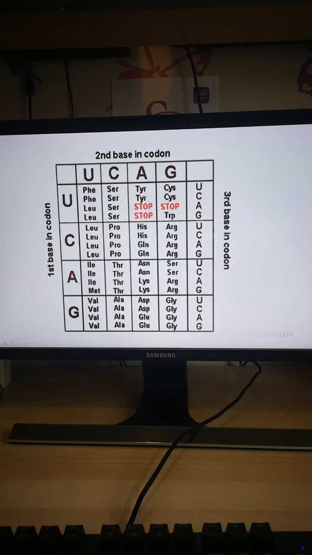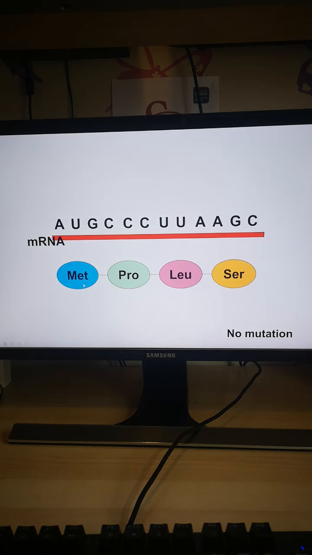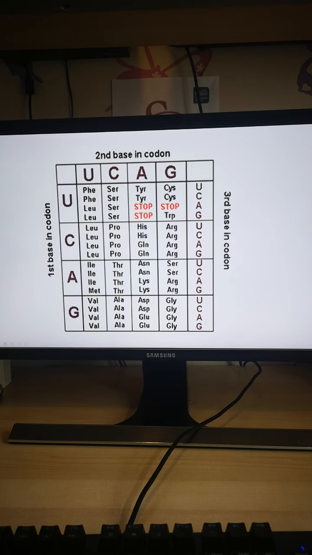Okay, so let's think about a mutation. Oh, sorry, no, we won't. I'm just showing you again on your table. Okay, so when we did AUG, how you used your table to look up what that coded for. So AU takes you to this square, but then G takes you within that square to the bottom there.